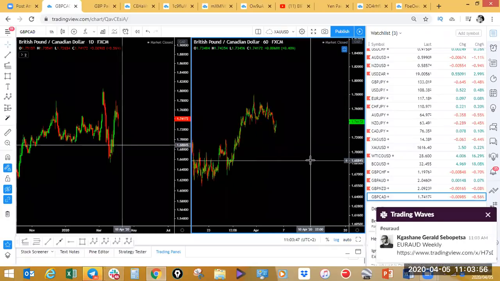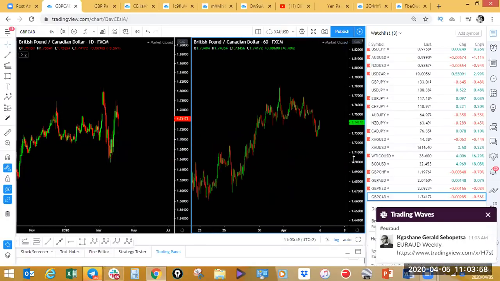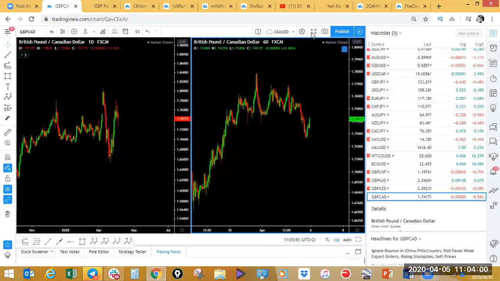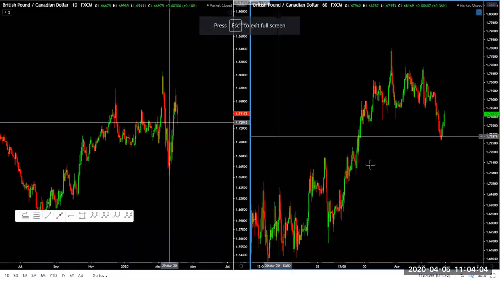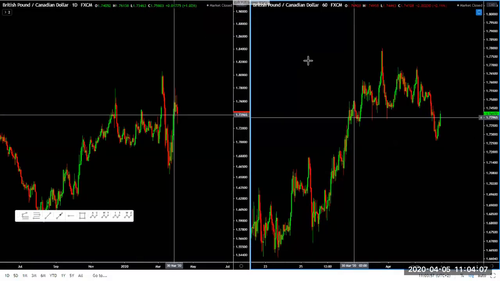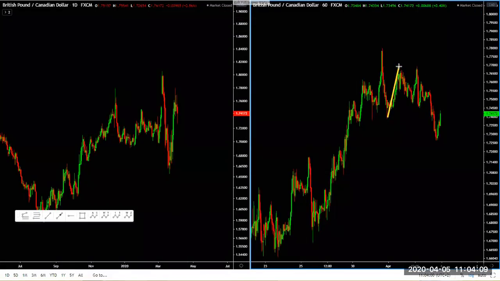As you can see, if you look at this structure here, let's make full screen here. If you look at this structure on pound CAD, 1, 2, 3, and then downside. As you can see here, 1, 2, 3, and then downside.